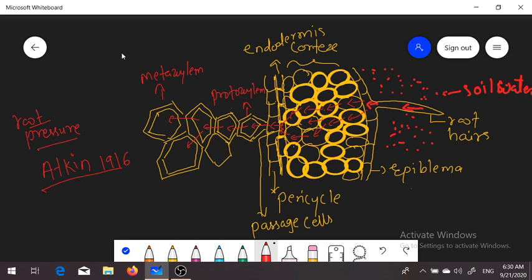Okay, so this osmotic absorption theory, even though it shows points that make us feel it is the correct one, this theory was rejected because it has some drawbacks. Okay, so what drawbacks are those?